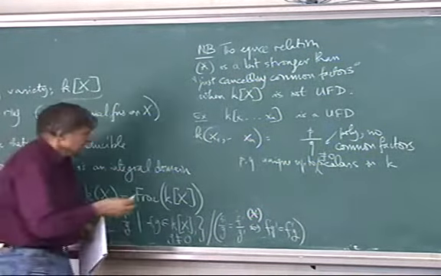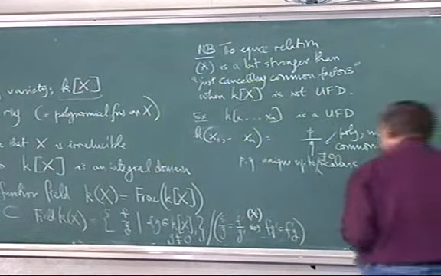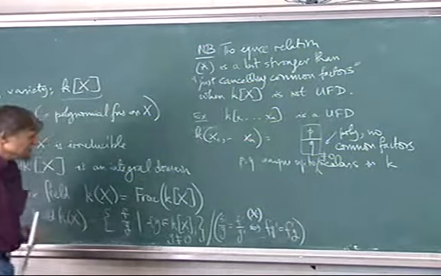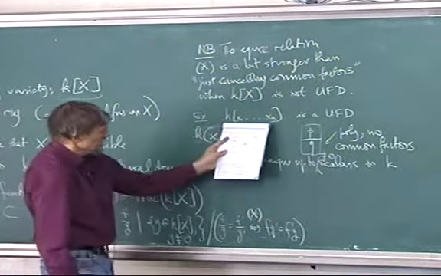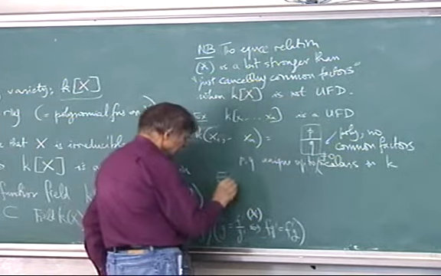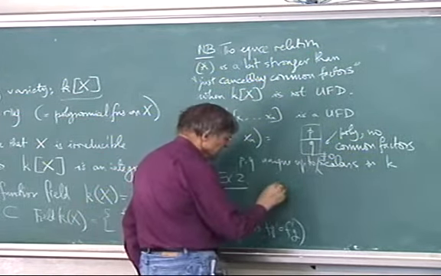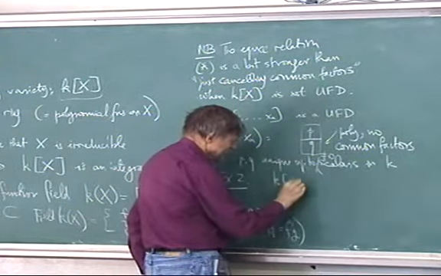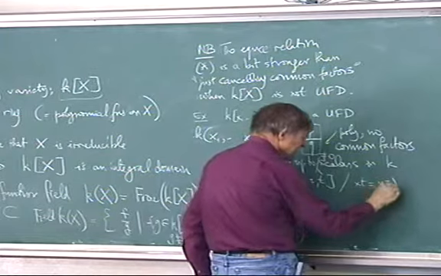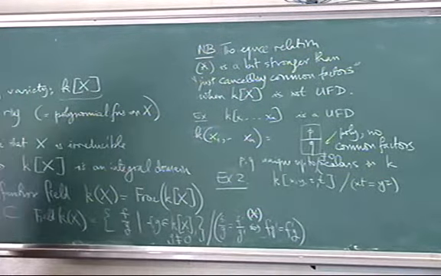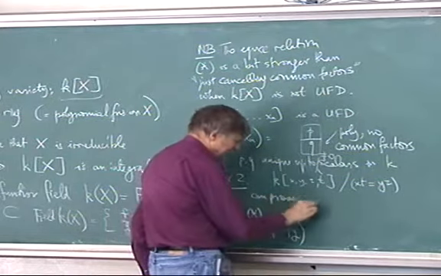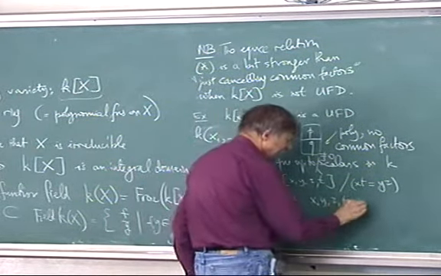Okay? But saying that I can make P and Q polynomials with no common factors depends on the ring being a UFD. So for another example, if I take the ring of x, y, z, t divided out by xt equals yz, then you can prove that x, y, z, t are irreducible.